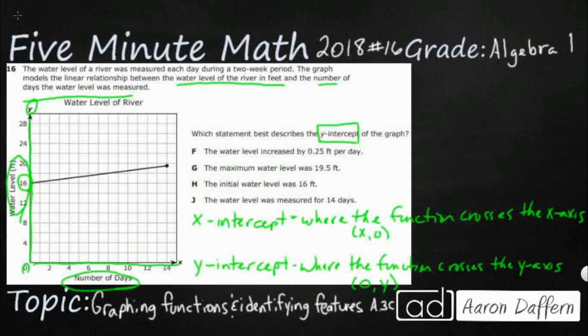If we want to give the full coordinate pair, we would say our y-intercept is x of 0, y of 16. But in shorthand, we can also say our y-intercept is just 16, because if we say that, we also understand that the x value is 0. Since it's the y-intercept, it has to have an x of 0 in order to cross the y-axis.